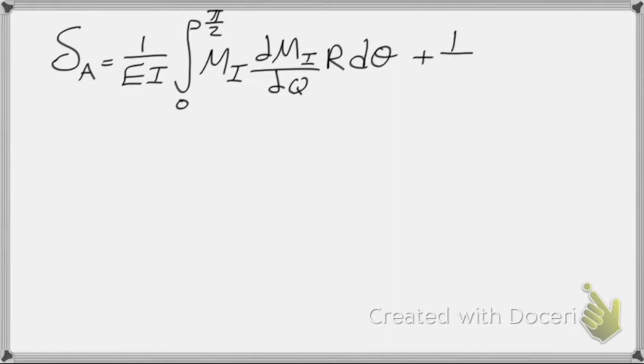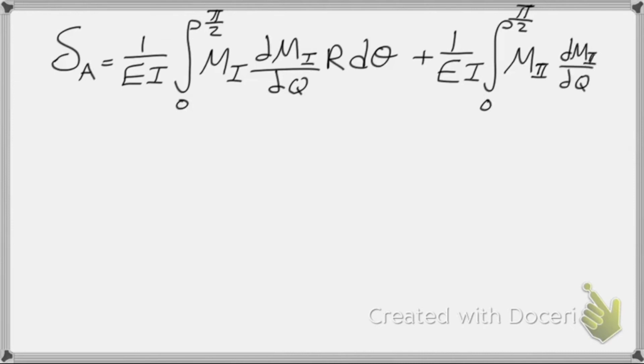plus the second section cut, 1 over EI, the integral from 0 to pi over 2, M2 dM2 over dQ R d theta prime.